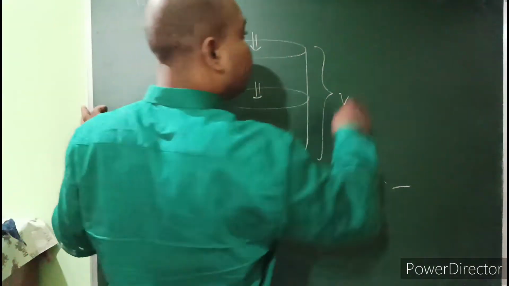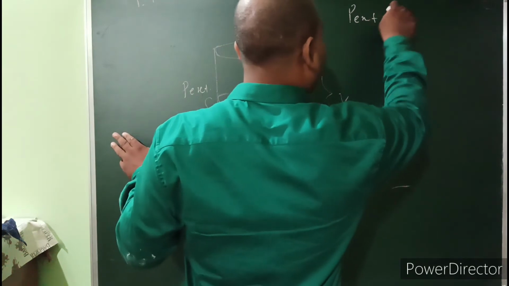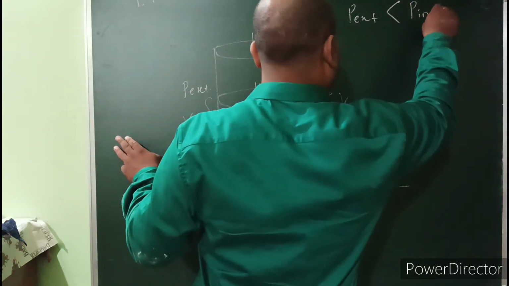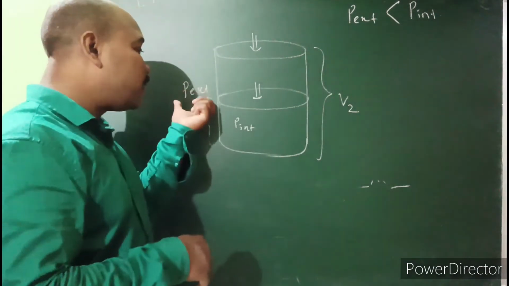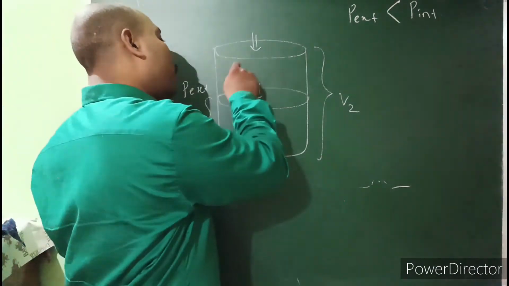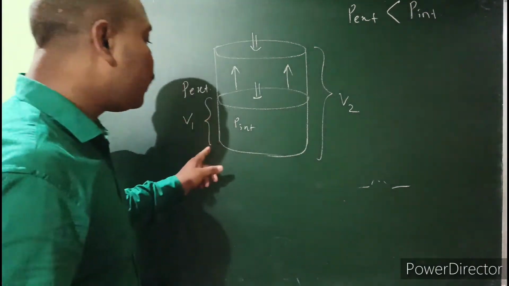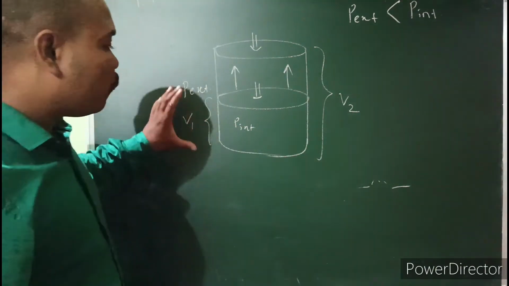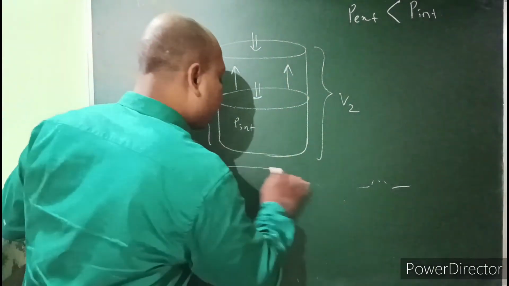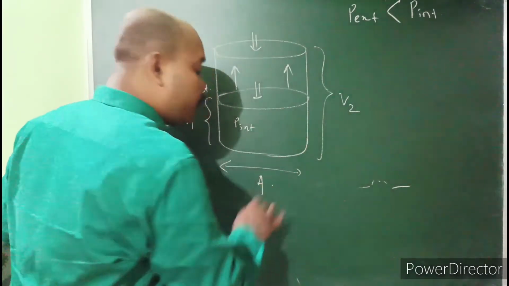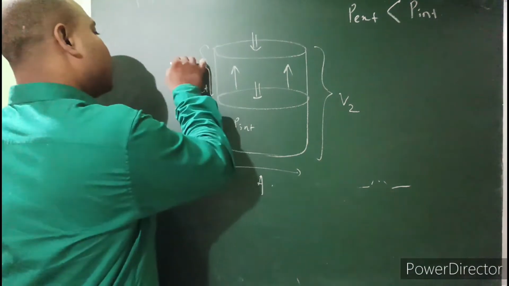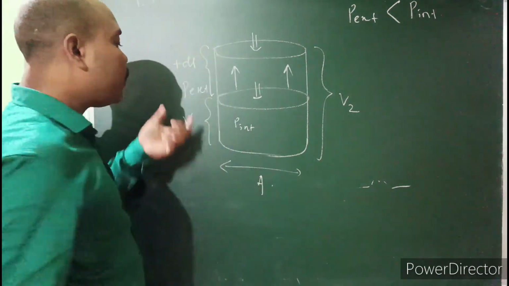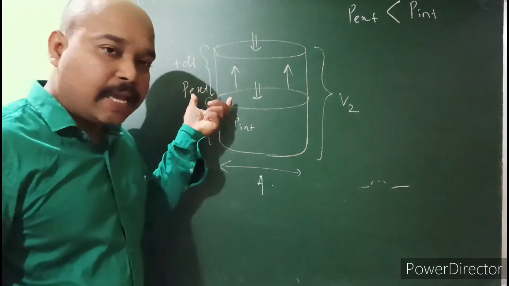Here we are considering that P external is smaller than P internal. As the internal pressure is higher than the external pressure, the piston will move upward. That's why volume is increasing from V1 to V2, and the area of cross section of the cylinder will remain the same. Now, the change in displacement is considered to be positive, that's why I am giving it positive dl.